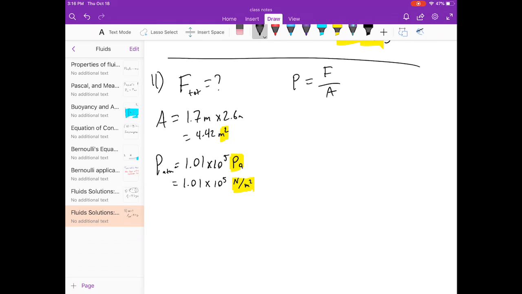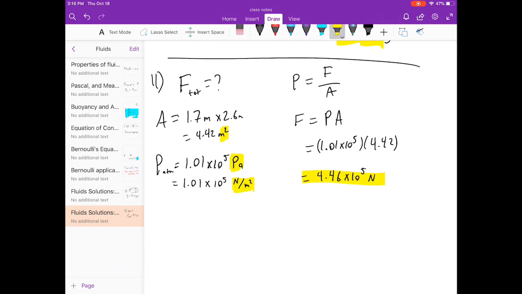So in order to find force, we just need to take our pressure multiplied by our area, which is 1.01 times 10 to the 5th multiplied by 4.42, and our force comes out to be 4.46 times 10 to the 5th newtons, or close depending on how you round.